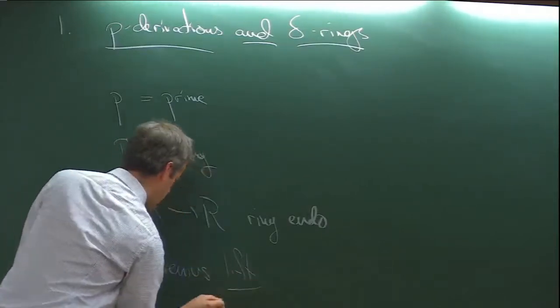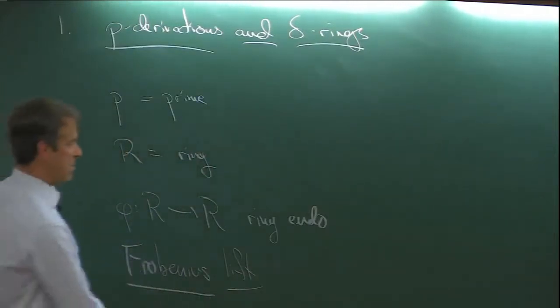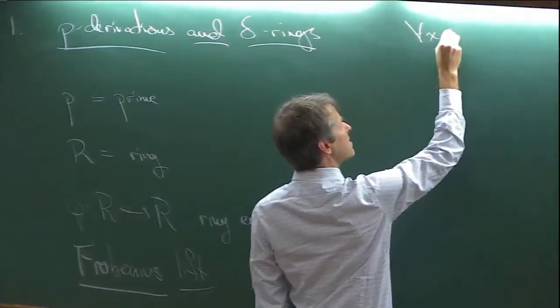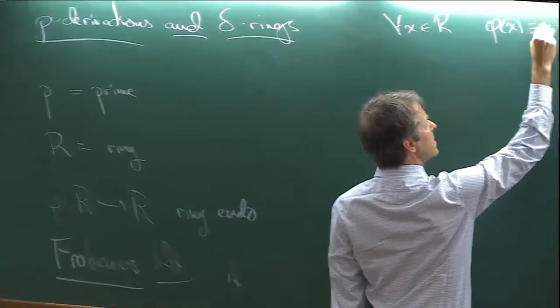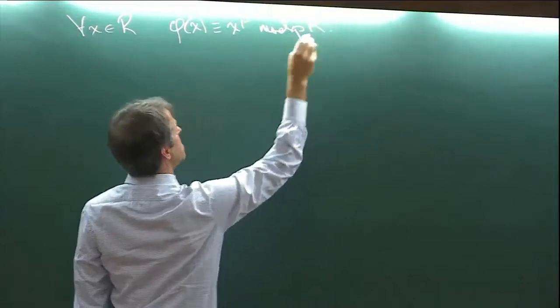I'm defining the term Frobenius lift here. Well, if it lifts the Frobenius map. So if, now let me write down a formula, for all x in R, phi of x is congruent to x to the p mod pR. So modulo p, this map reduces to the usual pth power Frobenius map on R modulo p.